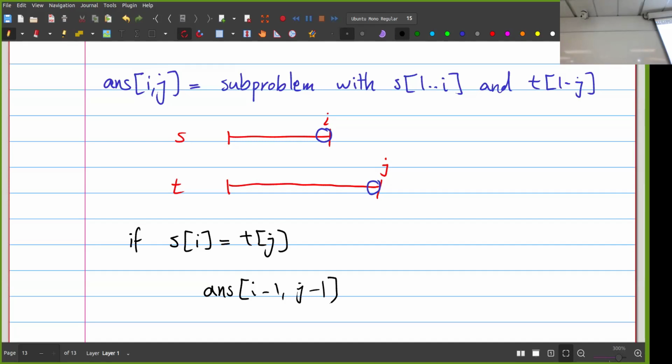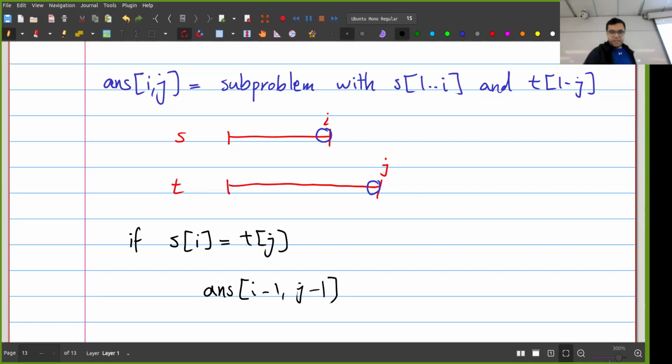Now, if I want to add something to the end of S, what would I add? Of course, I would just add the last letter of T, right? Because I want it to match. So if that happens, then this last letter of T matches with the new letter that I have added here. And then I have to match the first J minus 1 letters of T with the I letters of S. Okay.